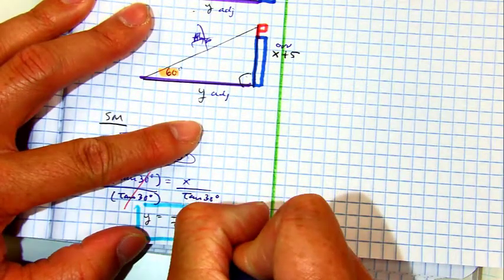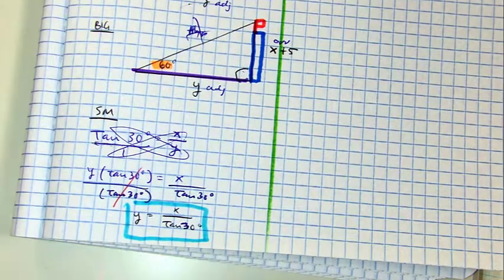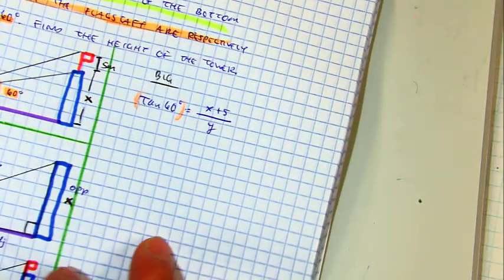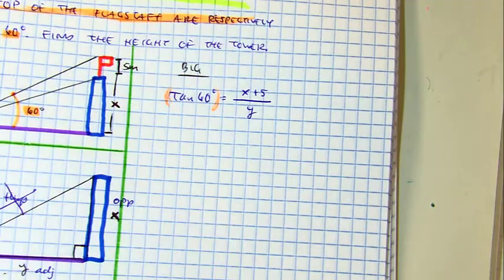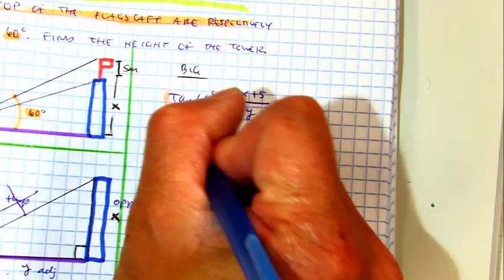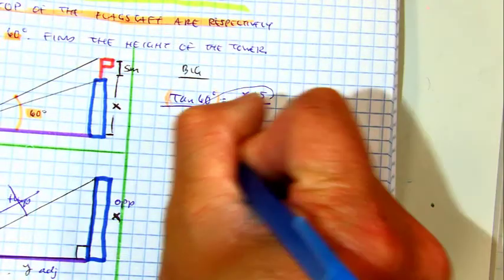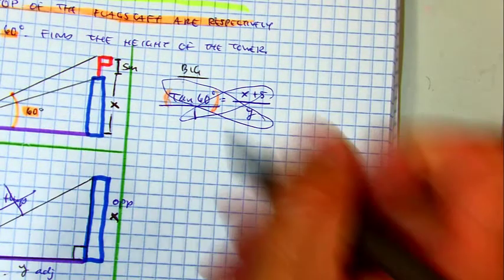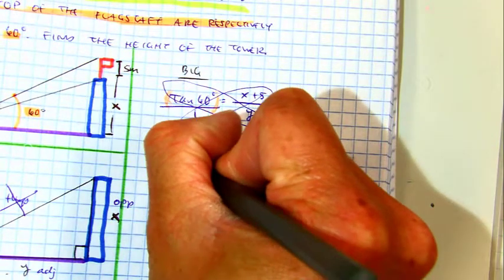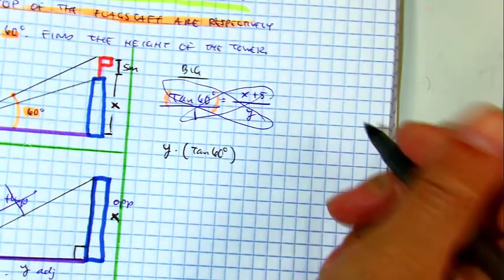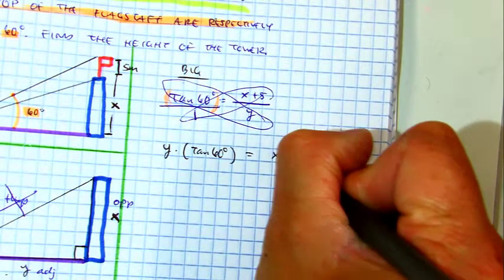Okay, let's go ahead and do the same thing for the big one now. Class, what do I do? Cross multiply. Class, tell me what to write. Y times tangent of 60 equals x plus 5.